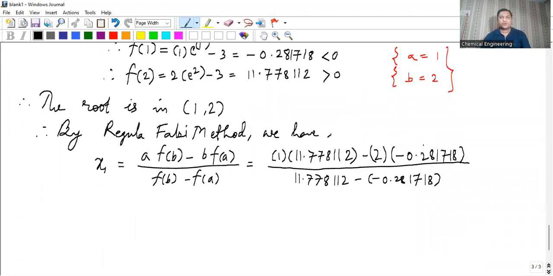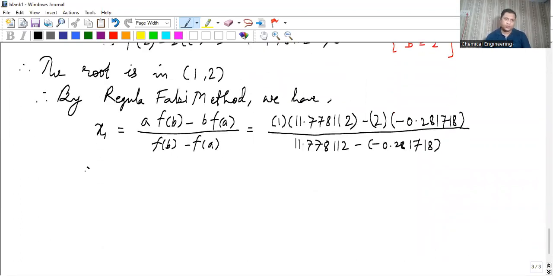Please calculate this value and give me the value of x1.